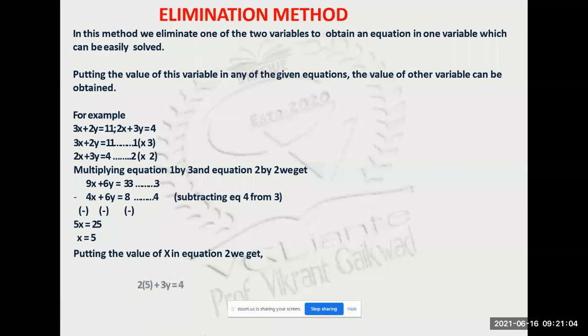Putting this value of x in equation 2, 2 into 5 plus 3y equals 4. So 10 plus 3y equals 4. So 3y equals 4 minus 10. So 3y equals minus 6. So the value of y equals minus 2. Hence x equals 5 and y equals minus 2. Is this clear to all the students?